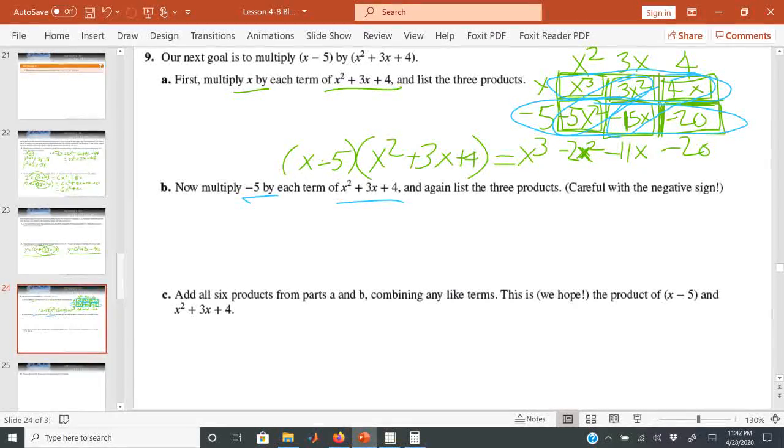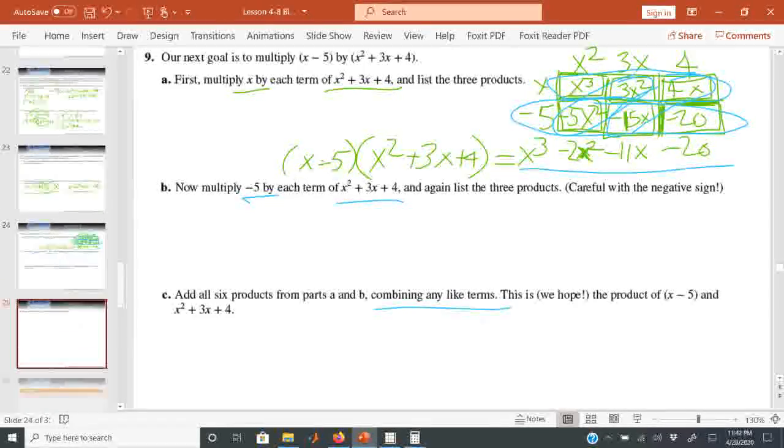So I didn't read the questions very carefully. Hopefully you read the questions better. Hopefully you stopped the video when you realized I was going on. But anyway, add all 6 products from parts A, B, and C, combining any like terms. That was what I did when I got this one right here. So the area model is a quick way to make sure you do all of the things that you need to do. Right?